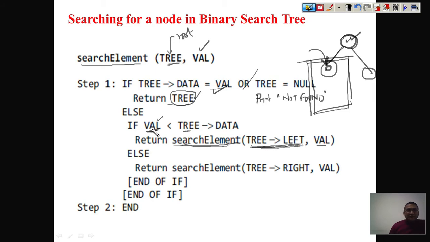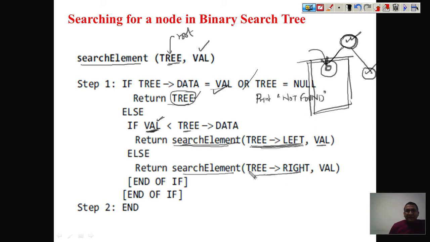If this is not true, then you go to the else part. Else part means your value is more than the data which is stored at the root, so you have to call the same procedure recursively for the right subtree, that means for this part, and then you keep on doing.